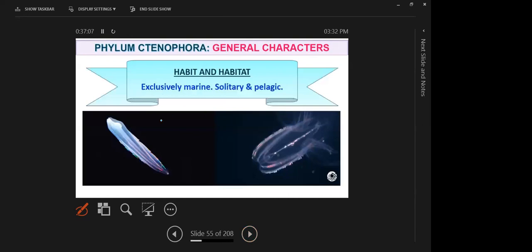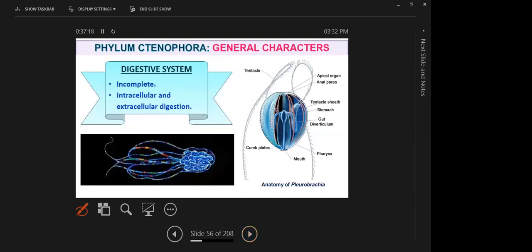They are exclusively marine. They are solitary, singly present. The digestive system is incomplete, meaning one opening, as we discussed in the beginning.